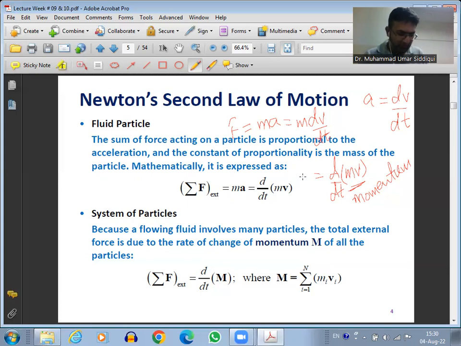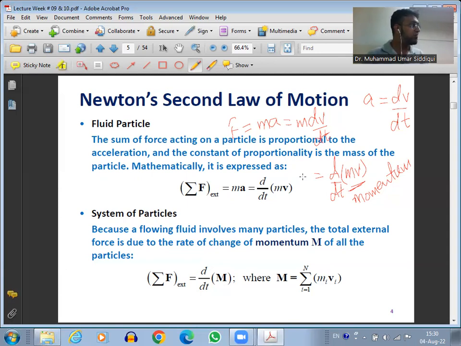So in fluid flow problems, we go both ways. Sometimes we see that the fluid velocity is changing, so we can estimate what would be the forces in effect that could be responsible for the change of the fluid velocity and the momentum. Or the other way around, sometimes we apply forces, and then we need to figure out what would be the effect in the change in the momentum.